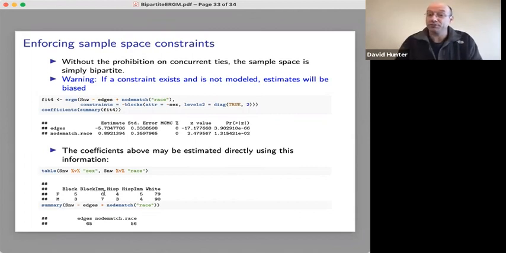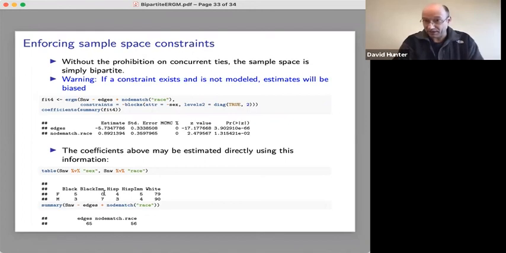So in particular, if my colleagues at the University of Washington were interested in modeling monogamous relationships, but they failed to place that constraint on the sample space, even though they may have observed a network that has only monogamous relationships, during the fitting process you're going to visit the entire sample space, and that's going to bias your estimates if you don't explicitly put that constraint in there.